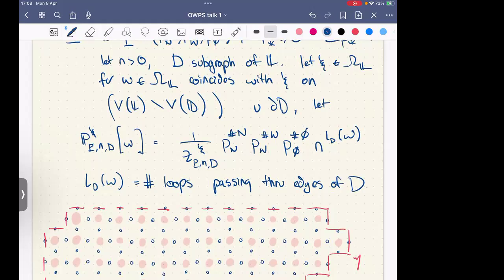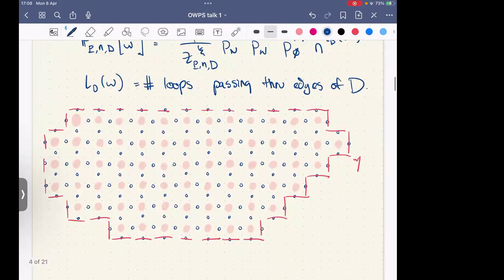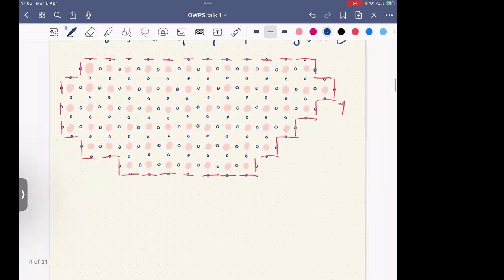Okay, so this gives us more general boundary conditions than what we had before, and we're going to consider really specific types of domains, in particular something like this, which I'm going to call a primal domain. Another definition. D is a primal domain if it's a union of the faces of the primal graph. Okay.